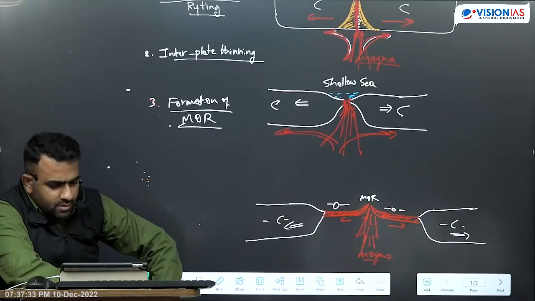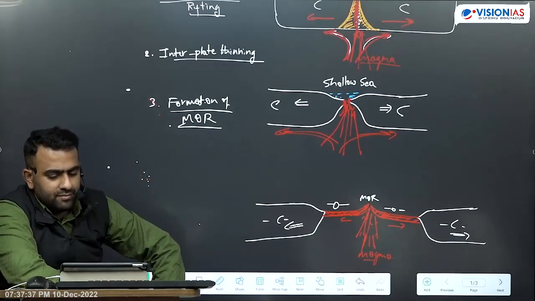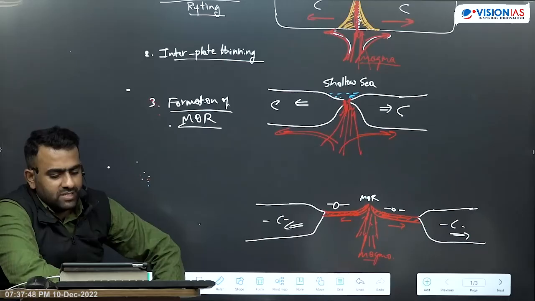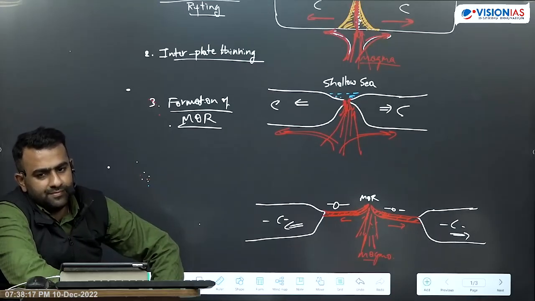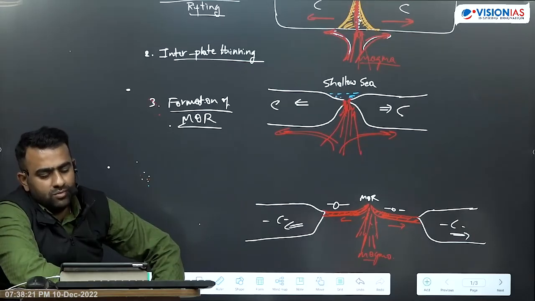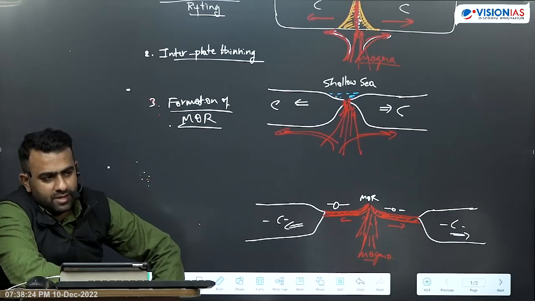Next point, Rift Valley starts to widen and may gradually get filled with ocean water, resulting in the formation of a shallow sea. Example, Red Sea.